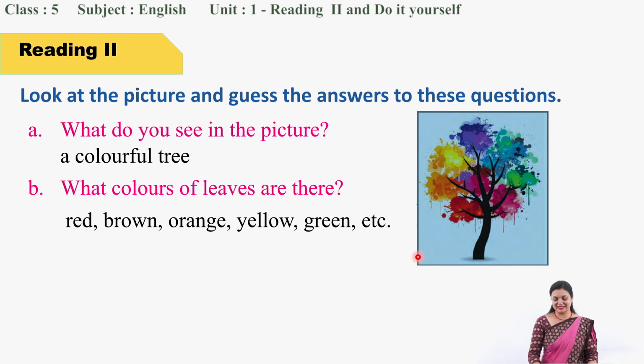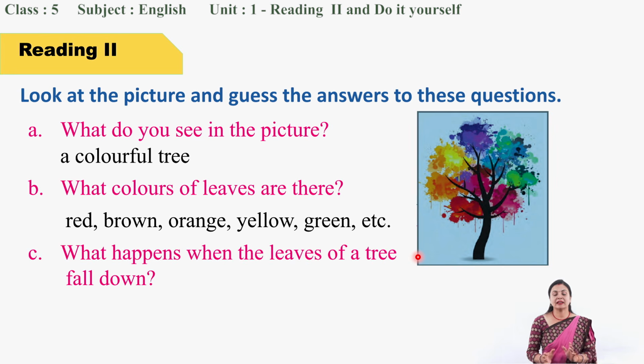Isn't it? Okay. Then, can you tell me what happens when the leaves of a tree fall down? Have you ever seen the leaves of the trees fall down? You have seen that? Okay, then tell me, when have you seen that? In which time or in which period can you see that the leaves have fallen down?